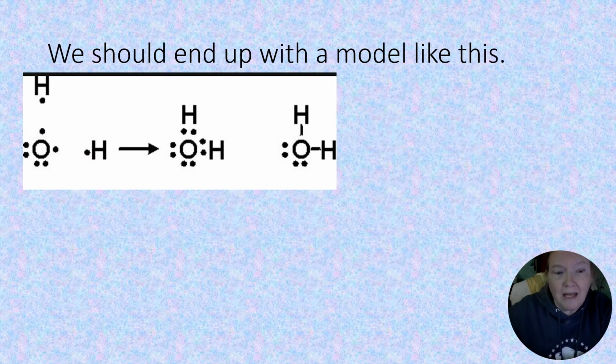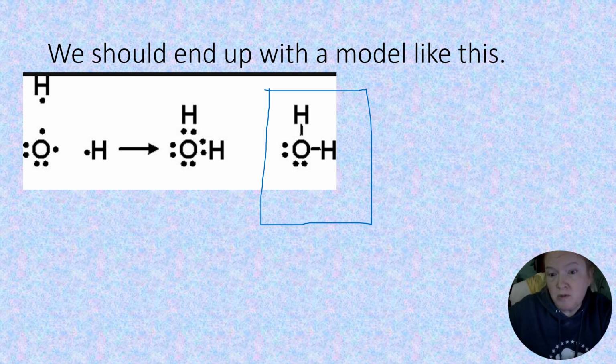All right, so what you should end up with is something that looks like this. This model here shows pretty well how to get there. Here we start with oxygen, and it has 6 valence electrons. This hydrogen is like, if I brought my electron right here, and this hydrogen is like, if I brought my electron right here, we would end up like this.